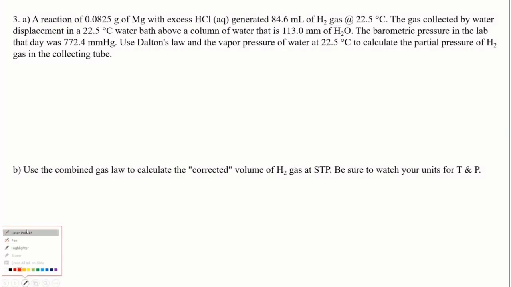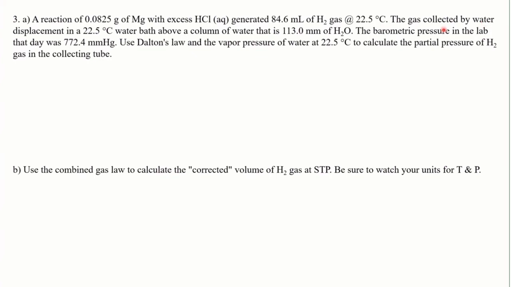Okay, let's move on to question number 3. Question number 3 has two parts, part A and B. Part A states a reaction of 0.0825 grams of magnesium with excess hydrochloric acid generated 84.6 ml of gas, hydrogen gas, H2 gas, at 22.5 degrees Celsius.